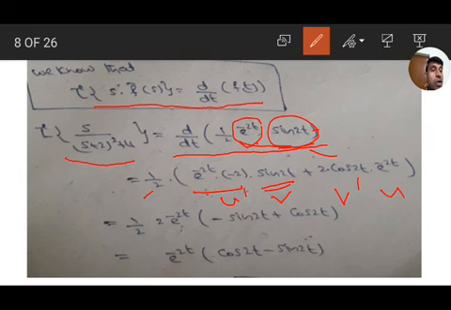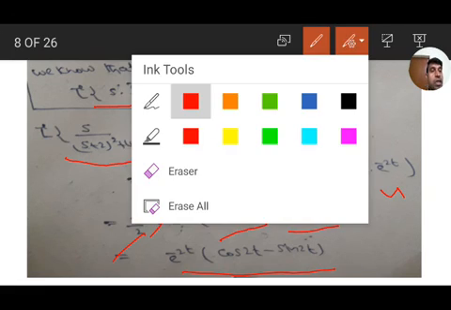Here 2 into e to the power of minus 2t is common, then we get minus sin 2t plus cos 2t. The 2 and 1 by 2 cancel, so e to the power of minus 2t into cos 2t minus sin 2t. First the positive term, next the negative term, sin 2t. That is e to the power of minus 2t into cos 2t minus sin 2t, it is the answer.